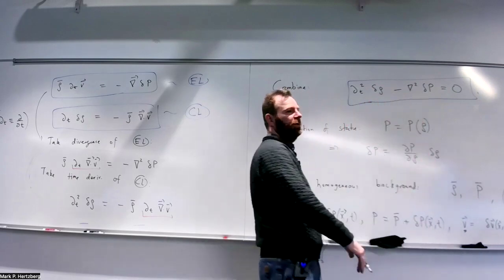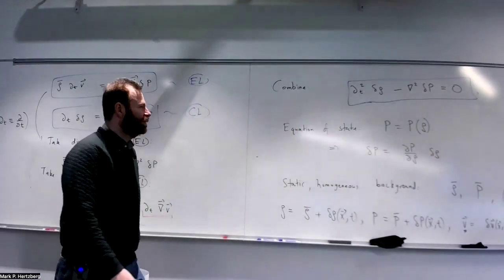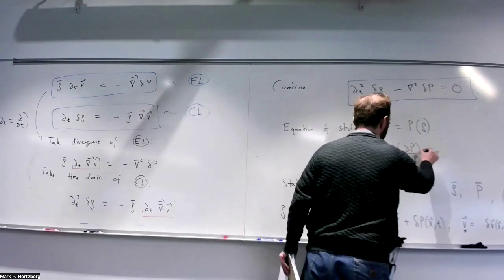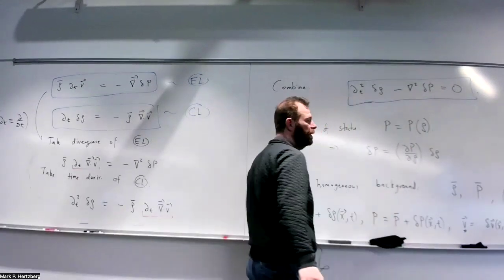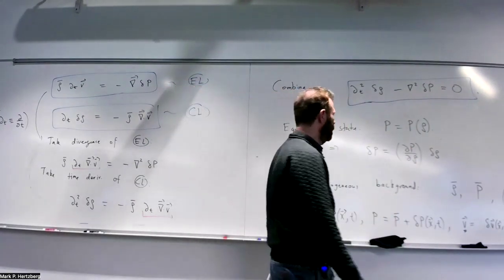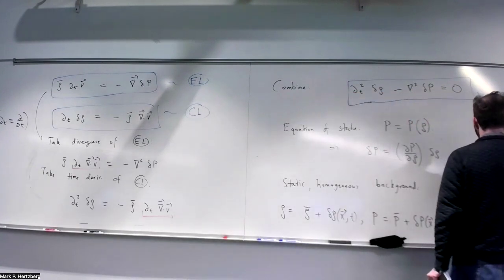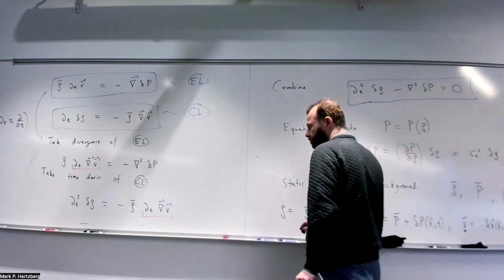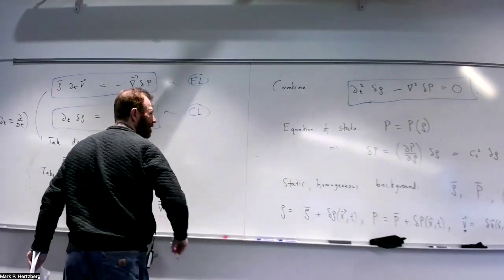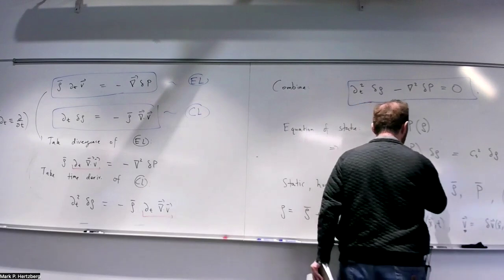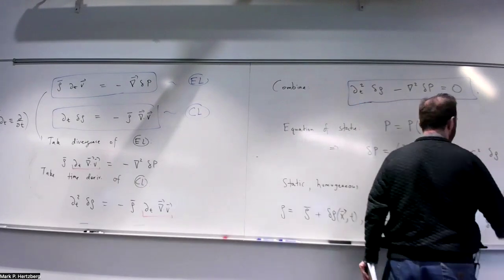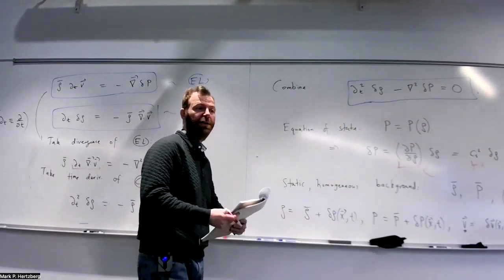Right, just a first order Taylor expansion. And this thing in brackets, dP d rho, we can just give that a name. We'll call that c_s squared. So this thing is that thing. I'm allowed to call it that.